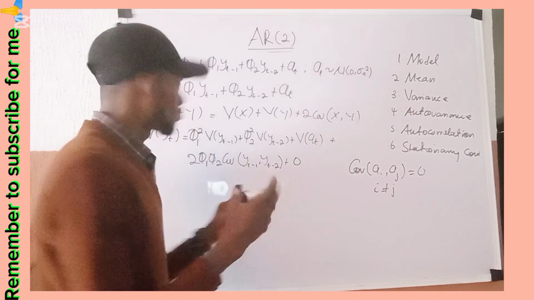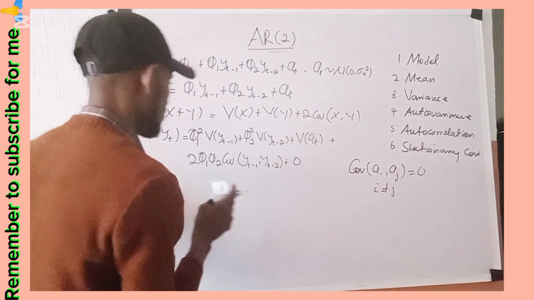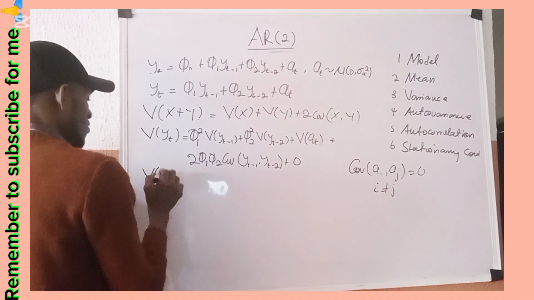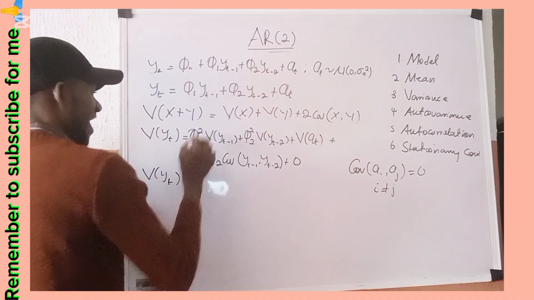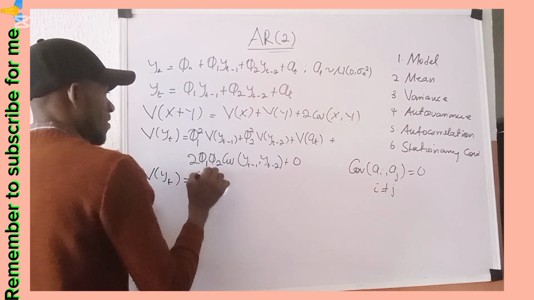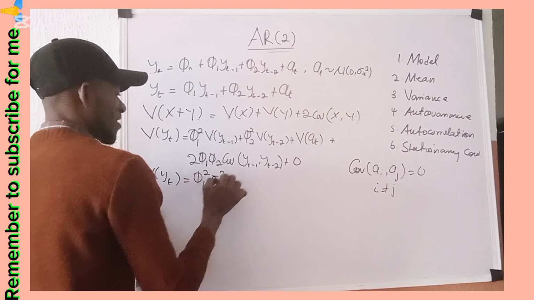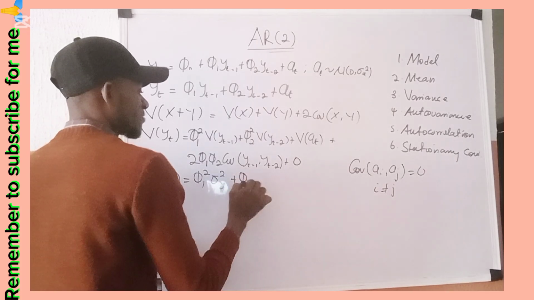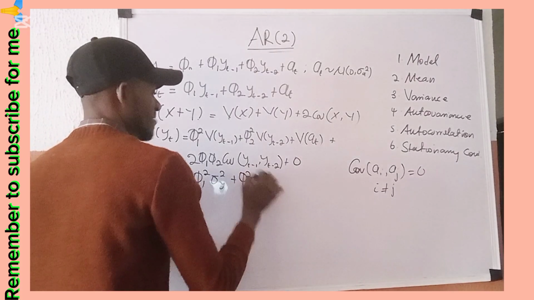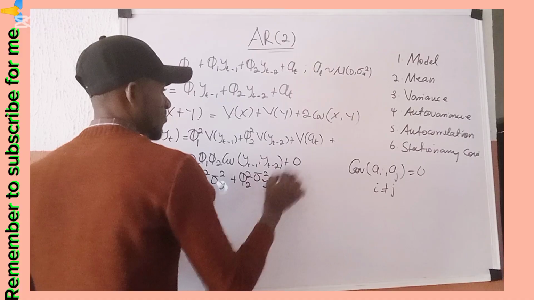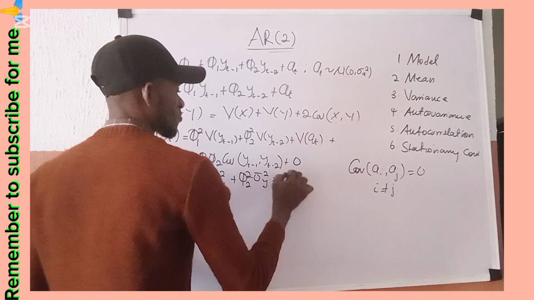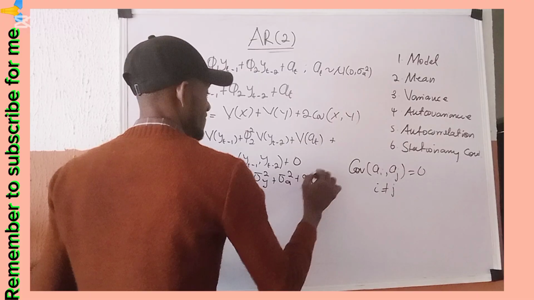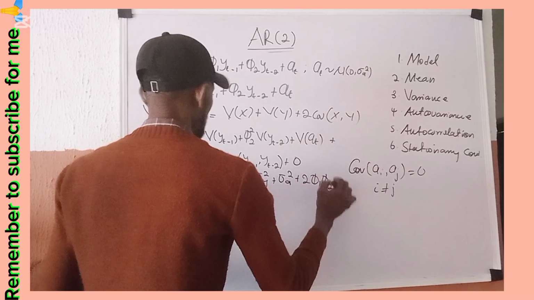So every quantity here is now going to give me 0. So what am I going to do? I will now consider this alone. So my variance of y of t is given as phi 1 all squared, sigma squared of y, because this is variance, plus phi 2 all squared, sigma squared of y, plus sigma squared of a, plus 2 phi 1 phi 2.